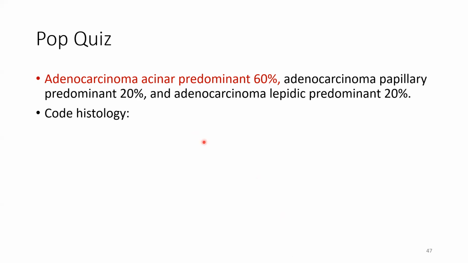So if you have a case without percentage, you cannot use that rule, and table 2 has instructions for coding cases that you do not have the percentage of each subtype. So I say this because if you would go back and look at your lung cases coded to 8255, some of them might be coded differently than what you would code now.